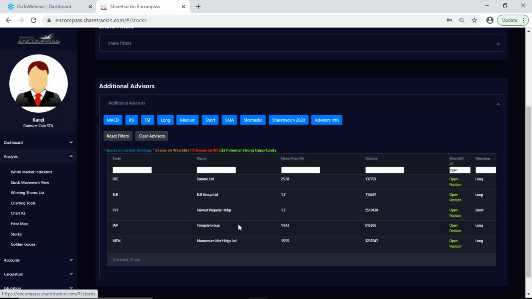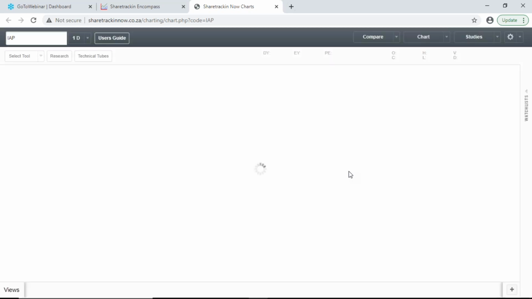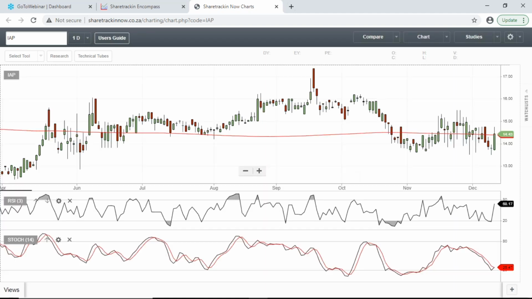So I click on the share and I would go to chart IQ, because even though it tells me here I can open a long position, I must still go and view my charting and do my analysis on that share, because it doesn't help me not doing any analysis on the share. So I would open up my charting. My charting would look like this.